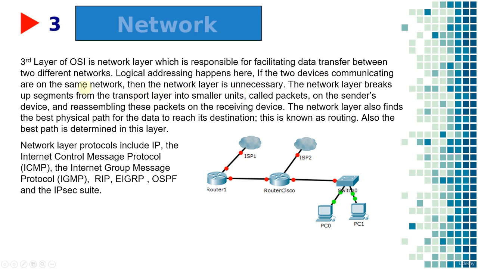The network layer breaks up segments from the transport layer into smaller units called packets. If you remember, in the transport layer, the data we were using there was called segments.